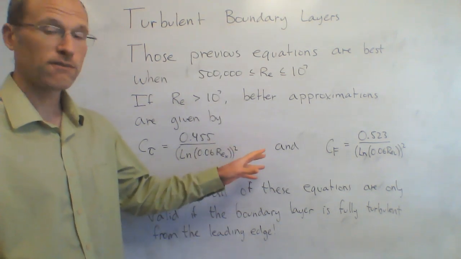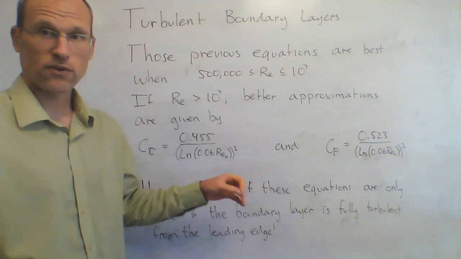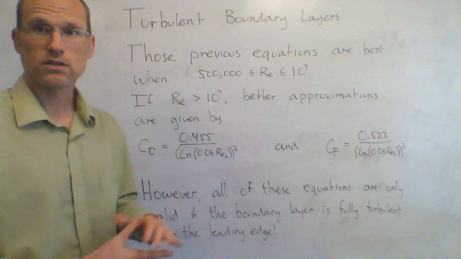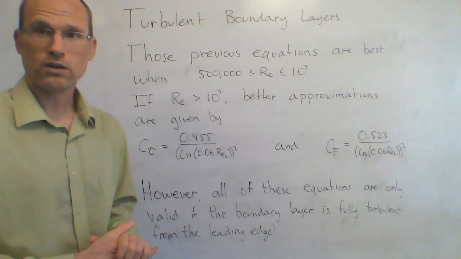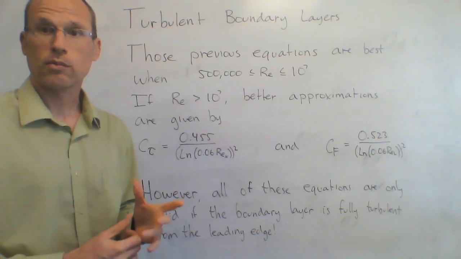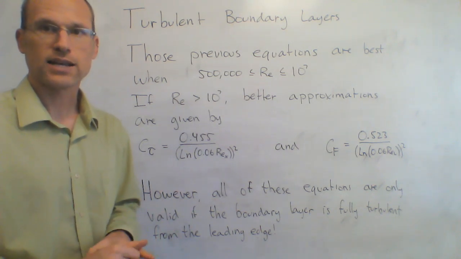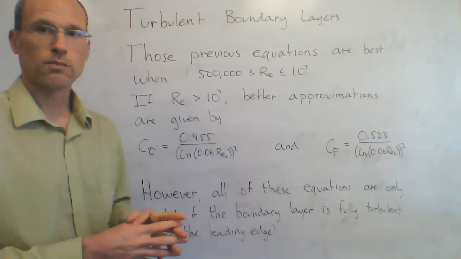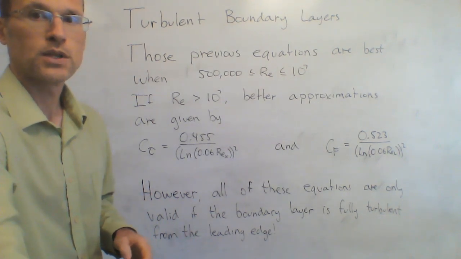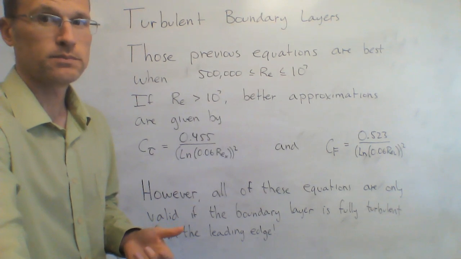So if the boundary layer is fully turbulent from the very beginning, these equations and the ones in the previous board will work pretty well, and that is actually possible, but not probable in nature. So nature usually has the picture that I drew before, where the boundary layer shows up later. So you're going to need to know what to do in that case as well.